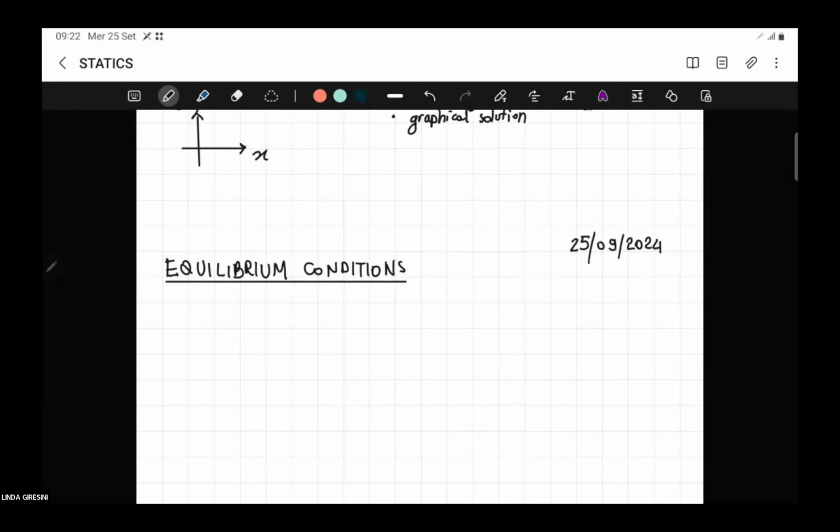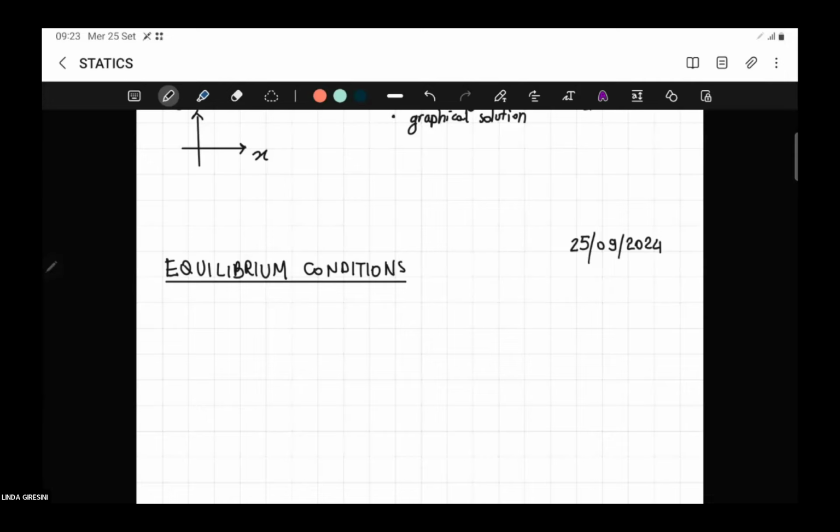Basically, yesterday I introduced the methodology to find a resultant force given some coplanar forces concurrent in a point.